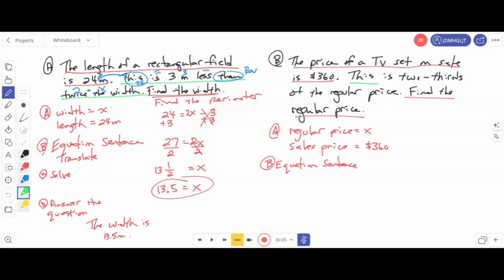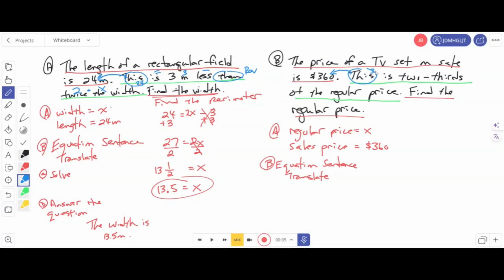The equation sentence is this is 2/3 of the regular price. Translate. The word this points to something that was stated in the sentence before it.